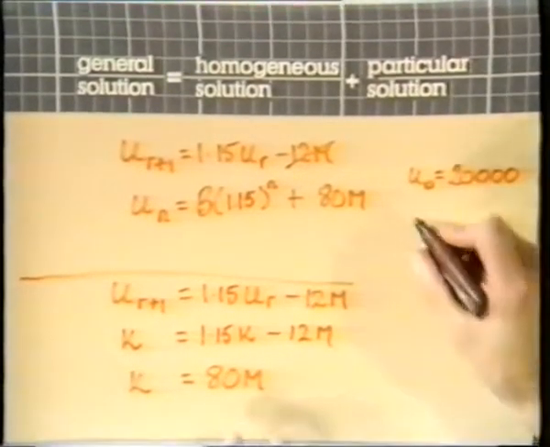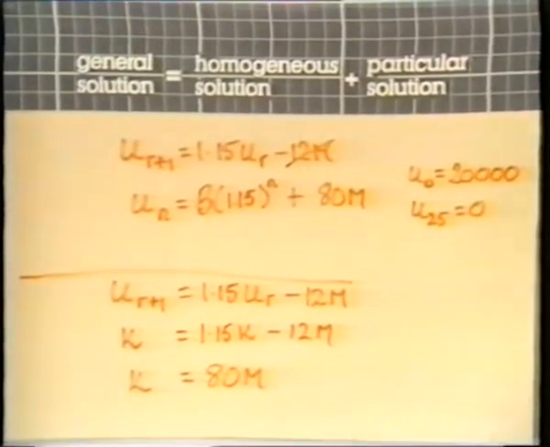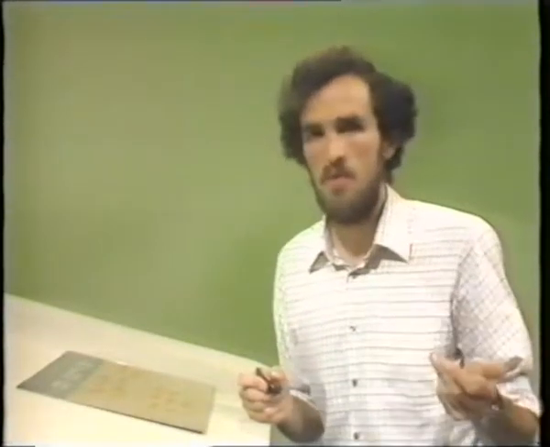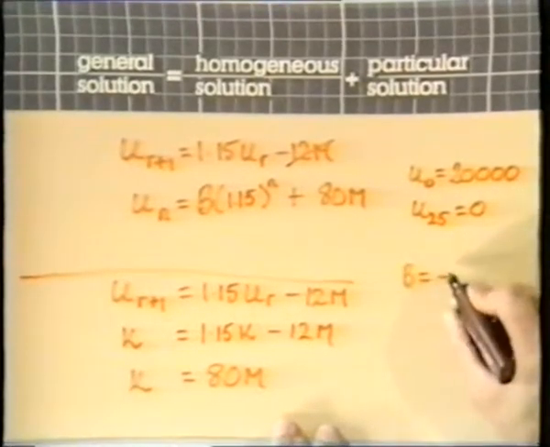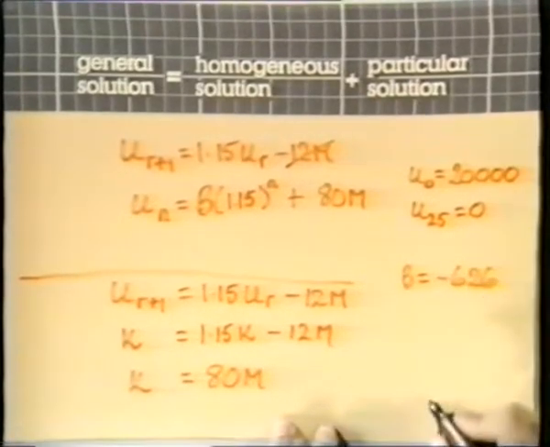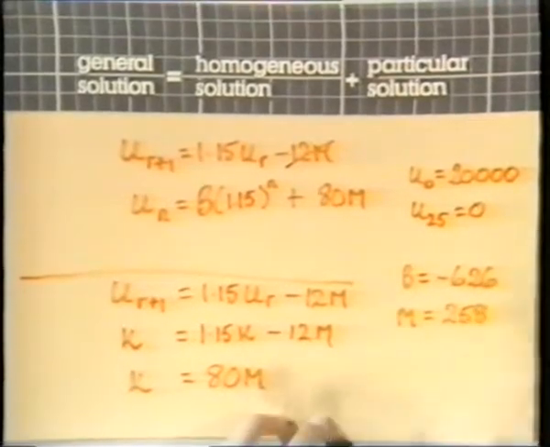This gives us U25 equals 0. Now, using these two values in this formula, we get two simultaneous equations for the values of b and M. I'm not going to go through that here. The values you get to the nearest integer are b equals minus 626 and M equals £258. Just like the Building Society got it.